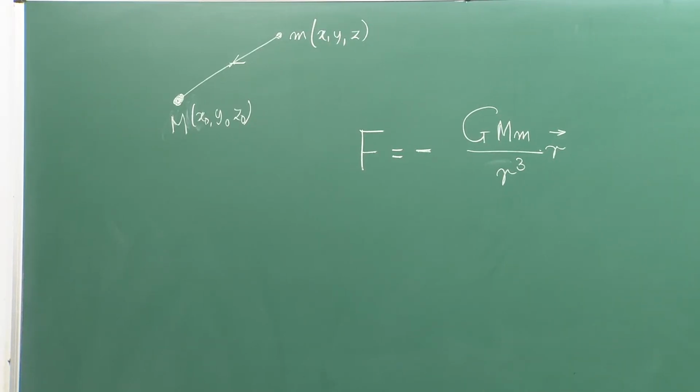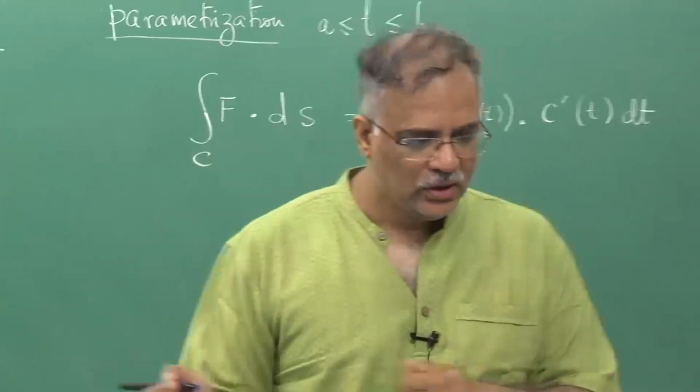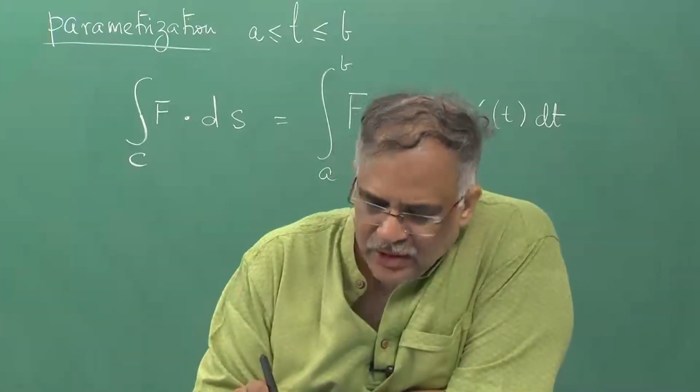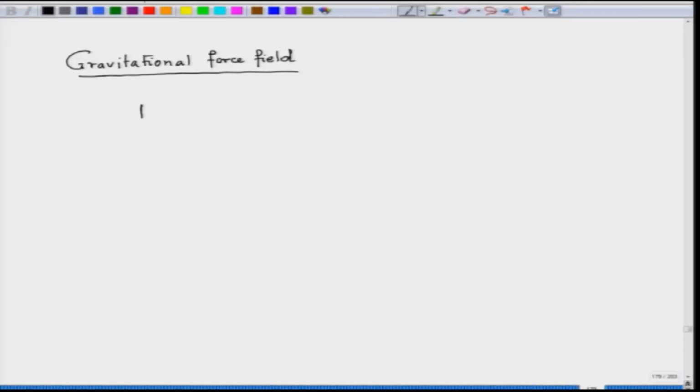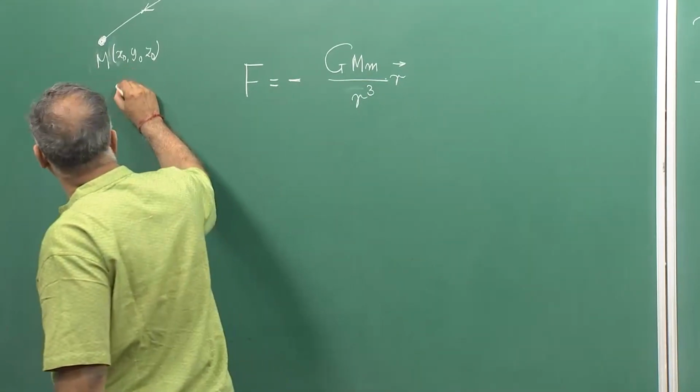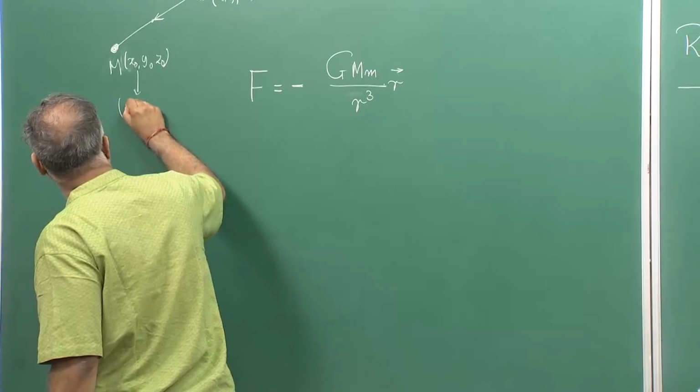Now, if I write it down, I can write at any point x, y, z where a particle of mass m is there. I will take this x0, y0, z0 as 0; the bigger mass is at the origin, the point 0, 0, 0.